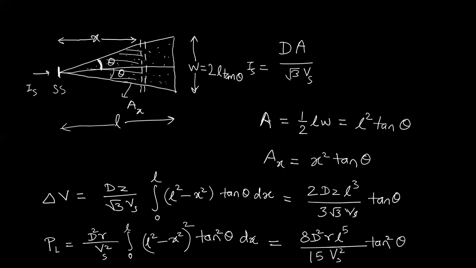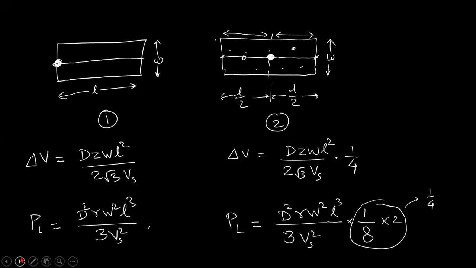Okay, now we have seen a triangular surface area. Now, what about a general area? So the general area may not necessarily be rectangular or triangular, right? And it is not necessary that there is only one feeder coming out of the substation. There can be multiple feeders coming out of the substation, right? Like what we have seen in the previous example, there are two feeders in case two.